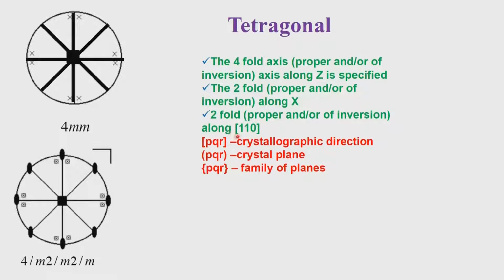What we mean by this [1 1 0] is, whenever we have a nomenclature like this in square brackets, it means that it is a direction from the crystallographic point of view. Suppose we have a crystal structure with A, B and C as the directions, and x, y, z are the directions with which A, B and C will now coincide, in which case we will say that [1 1 0] means 1 unit along the x direction, 1 unit along the y direction and 0 along z.